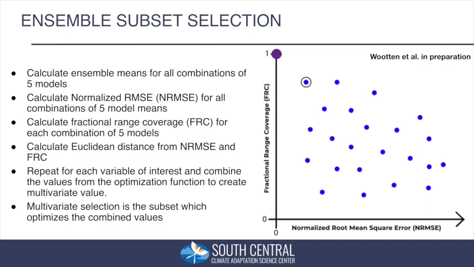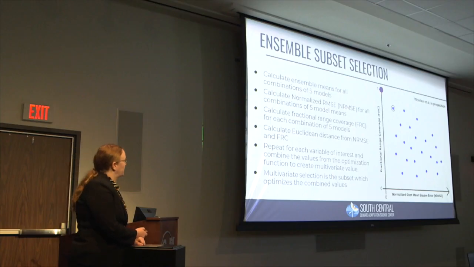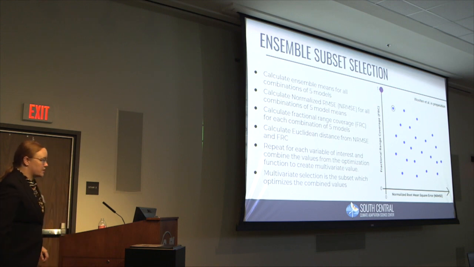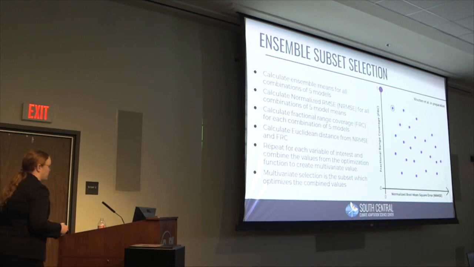Ideal is up here at 0,1, where you have 0 error, but you also represent the full spread of the ensemble. So essentially what we're picking with this approach is the combination of 5 models that has the shortest distance to that particular point for the collection of 3 variables.